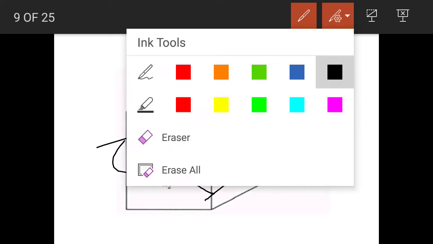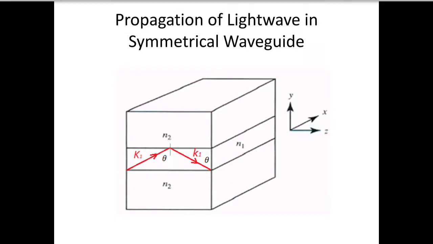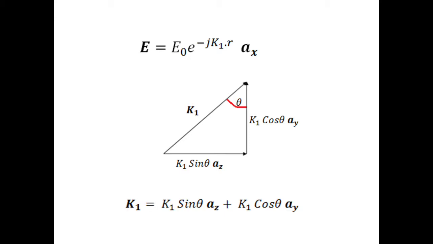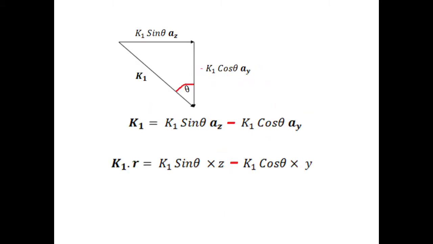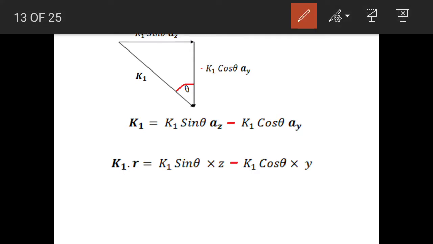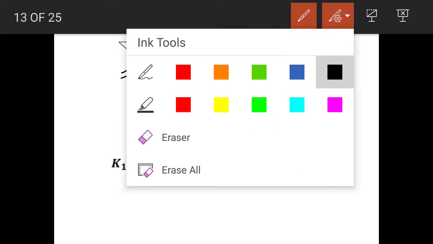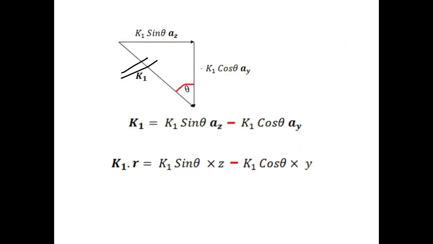So we consider the ray which is moving in the downward direction, and we resolve k1 into two components. So here is the ray which is moving in the downward direction, and we resolve this k1 into two components. k1 has a component along z-axis and k1 has a component along negative y-axis.